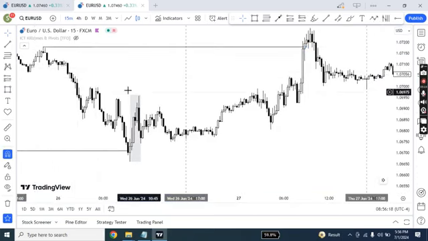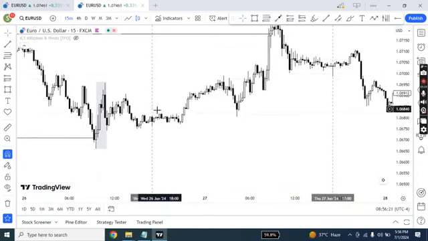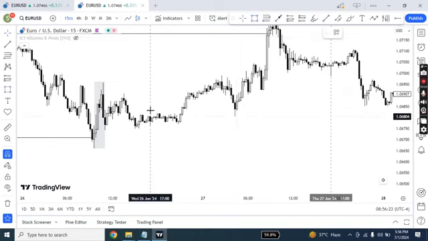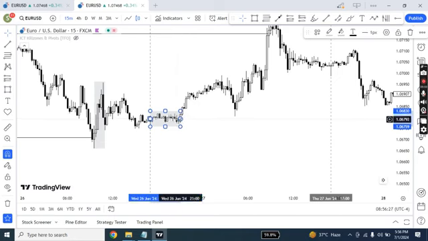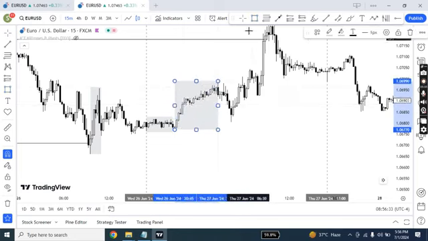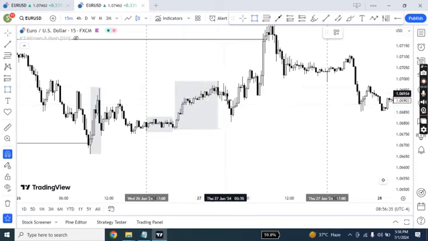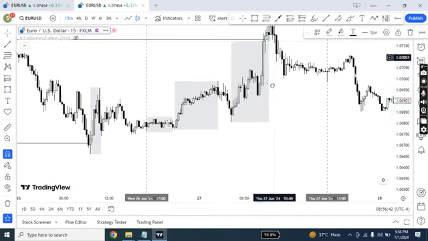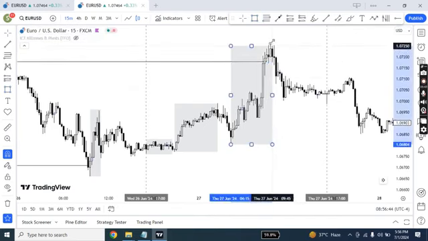Now you can see that again price opened right here and went straight away into a ranging profile, sorry. So after price opened right here, it straight away went into a ranging profile, right? And then after the ranging profile, it had an expansion. Then we have this retracement right here, and after a retracement profile ends, the only possible outcome we can have is an expansion higher, and we had this expansion right here, right?